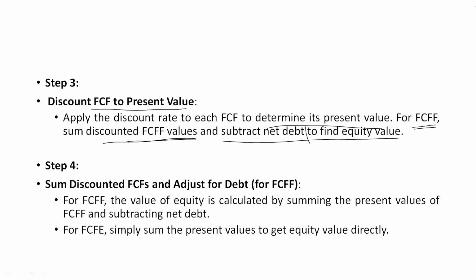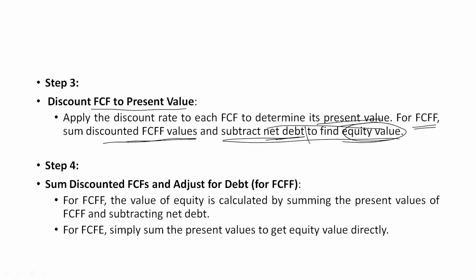So discount rate is determined, and after determining the discount rate, I have found out the present value of the free cash flow. In case of free cash flow to the firm, then the sum discounted is including the debt portion, so that I can find the value which is available to equity shareholders.